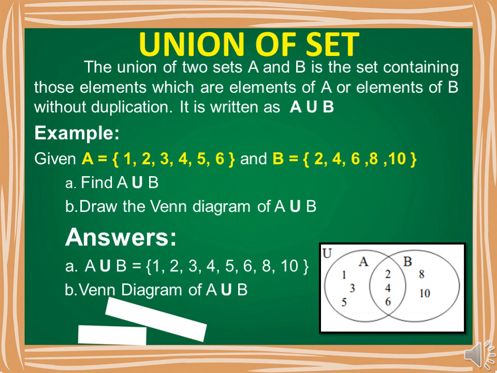We have 6 in set A, and we also have 6 in set B. But in our final answer, to represent the union of two sets, we only write 6 once. Again, when we write the union of sets, we take all the elements of the sets without duplication.